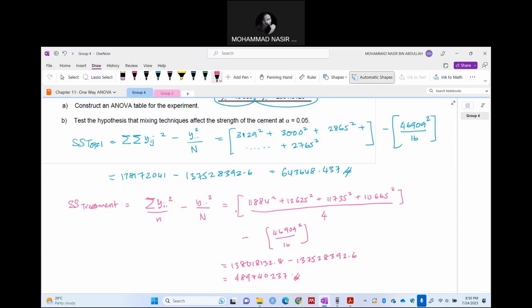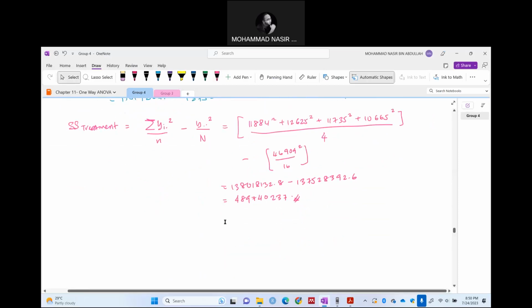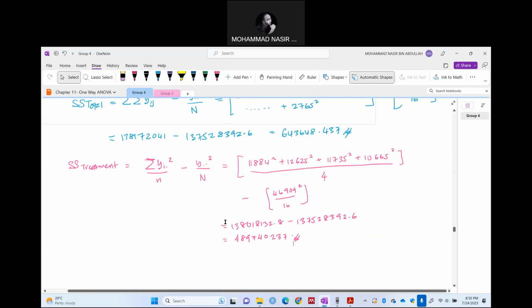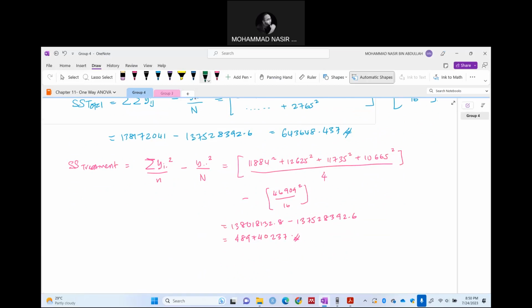Okay. So next, to find the sum of square error, it should be sum of square total minus sum of square treatment. So this one should be 643648.437 minus 489740.237.